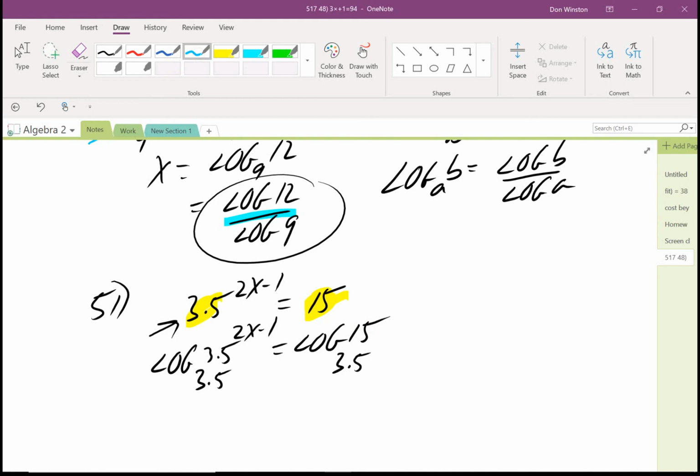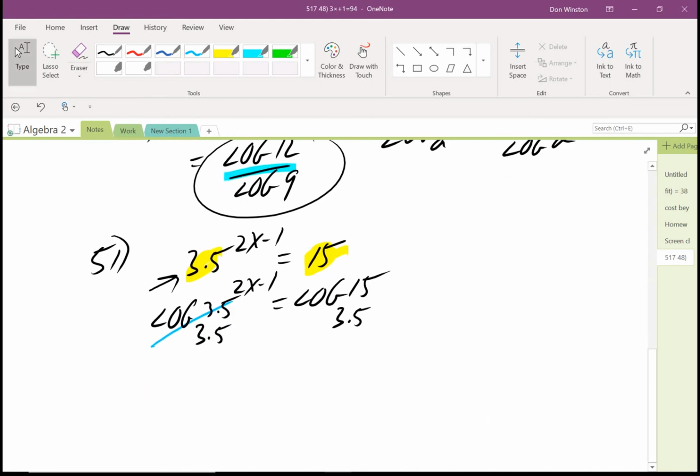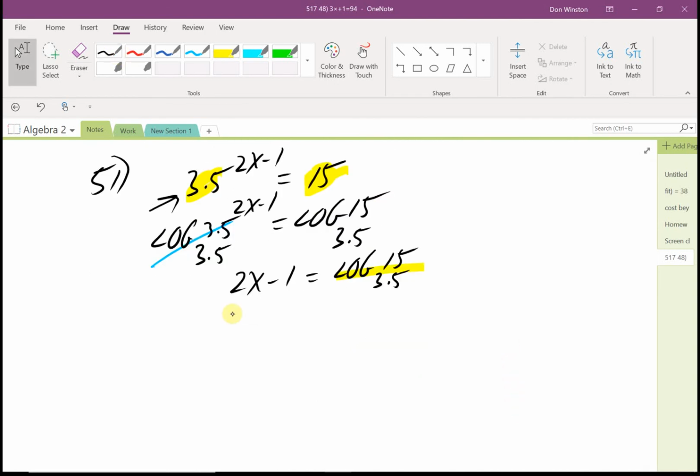Okay, so that takes care of that using inverse properties, and I'm left with 2x minus 1 is equal to log base 3.5 of 15. So I'll use change of base to change that to log base 10. So 2x minus 1 equals log base 10 of 15 over log base 10 of 3.5.